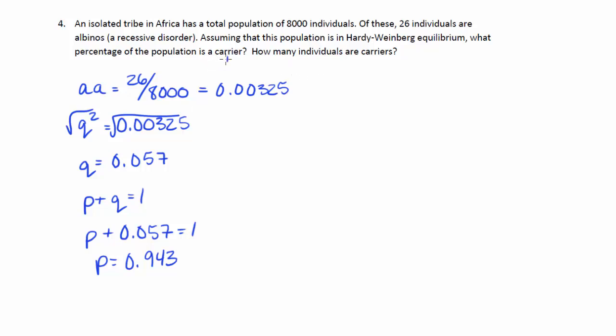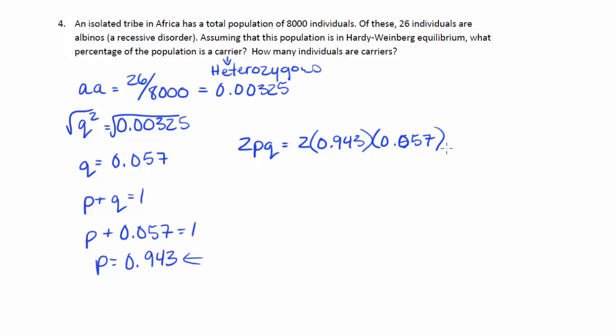Once we know that, we can solve for the carriers. Remember that carriers are heterozygous. That's an important thing to remember right here. Heterozygous individuals are represented by 2pq. So we take 2 times the frequency of p, which we solved to be 0.943, times the frequency of q, which is 0.057.